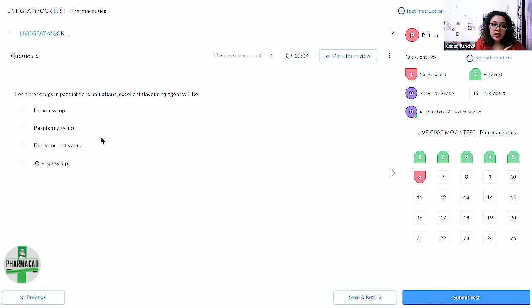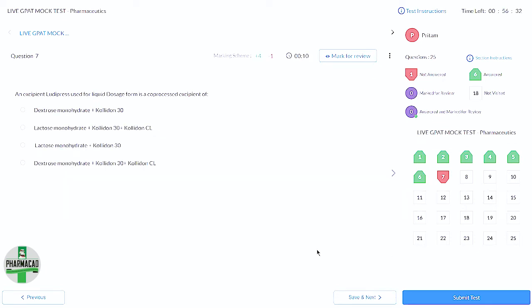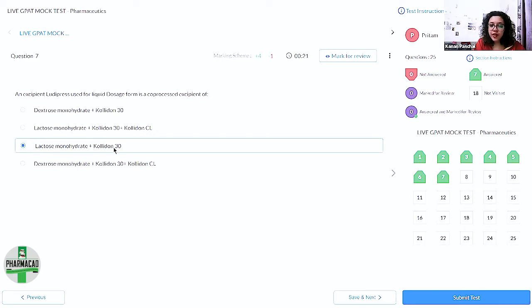Okay, this is also done, raspberry. Again, I'll ask this. What is the composition of Ludipress? Lactose monohydrate and Kollidon. What percentage? 96.5 and 3.5.